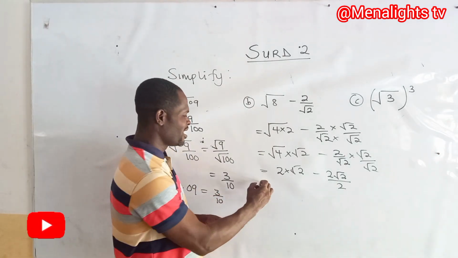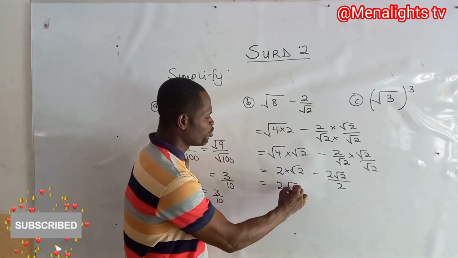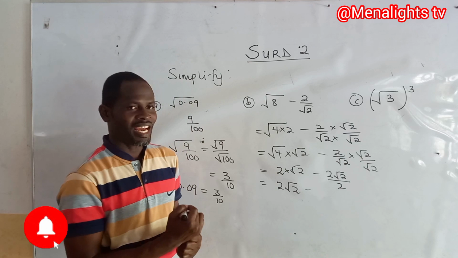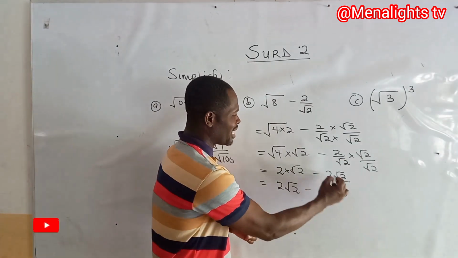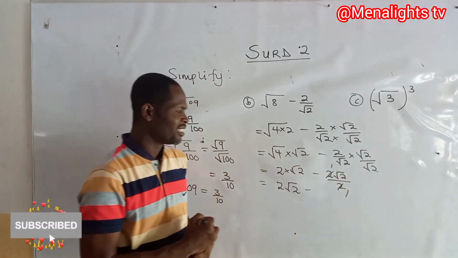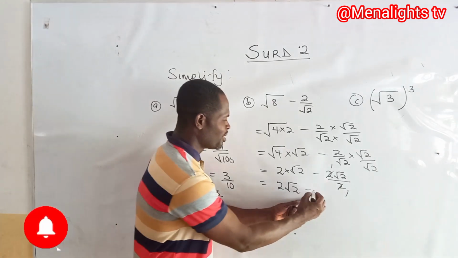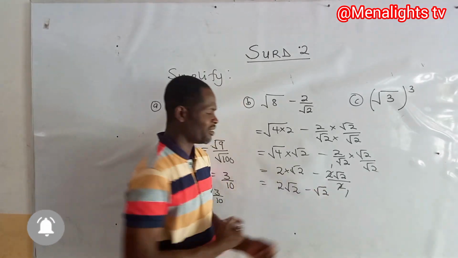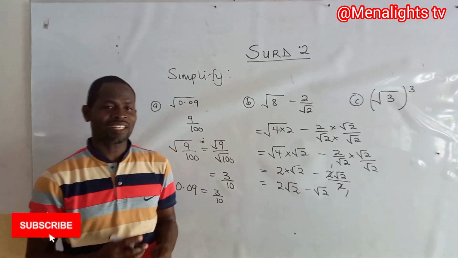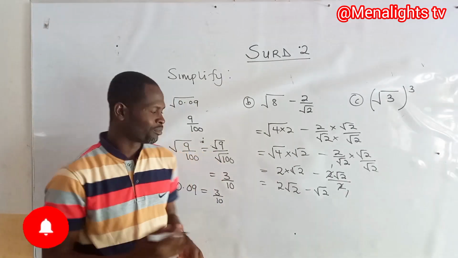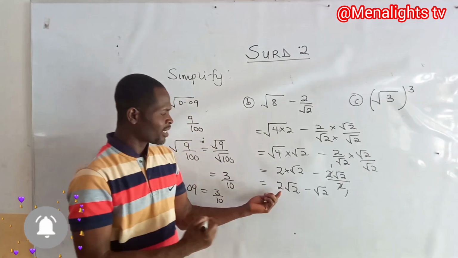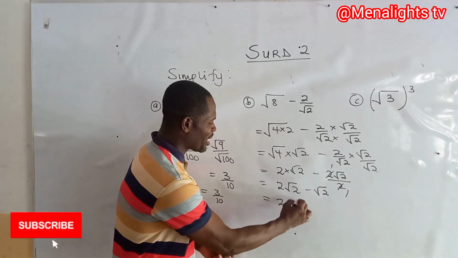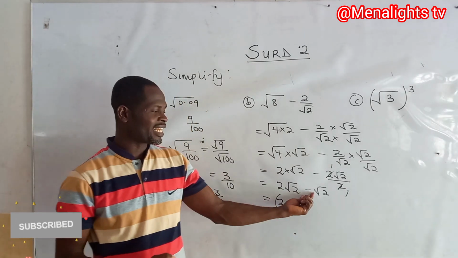Then from there, we have 2 root 2 minus 2 root 2 over 2. These 2 go here 1 and go here 1. So this is the same as root 2 here. Then we need to simplify to get the value. So here we can have 2 minus 1. Mind you, there's a negative 1 here.